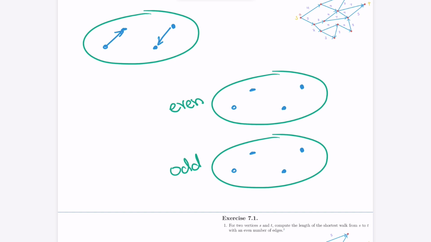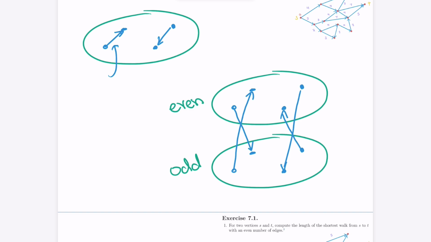Now for each of these edges, like this one, it should correspond to one edge like that and one edge like that. So I'm going from v comma odd to w comma even, and same here. I just duplicate the graph like pancake layers, and I draw the edges accordingly.